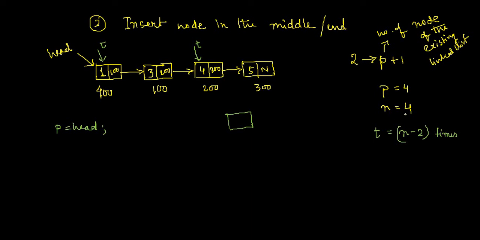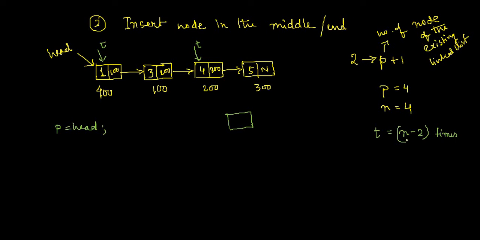From the statistics, n was 4, the position of the newly created node, and for connecting the new node in between two nodes of the existing linked list, I have seen that I have to change the position of T 2 times. So you can say n minus 2 times, because n is 4 right now.